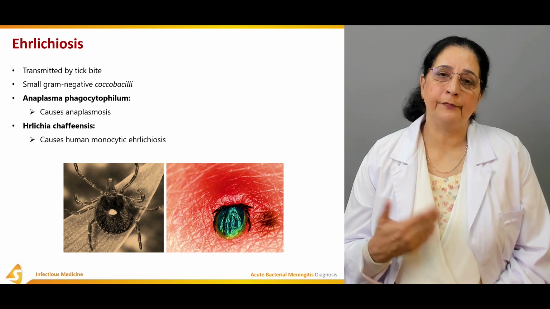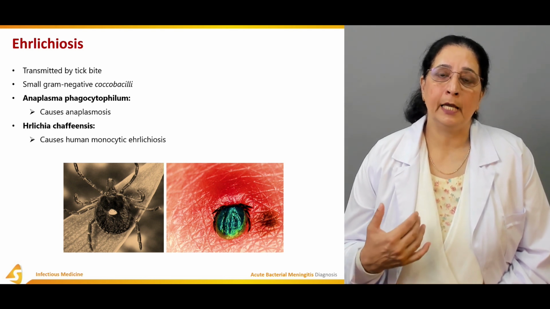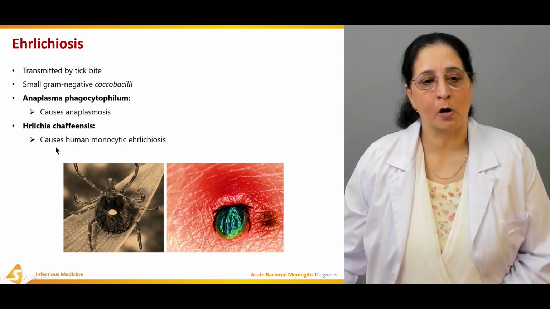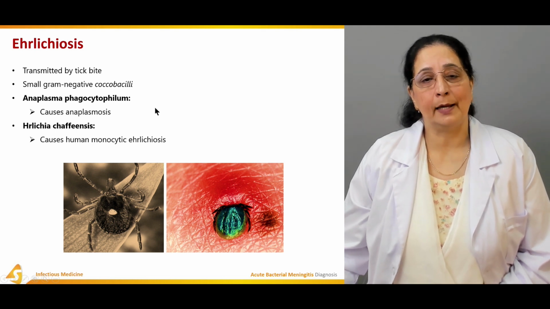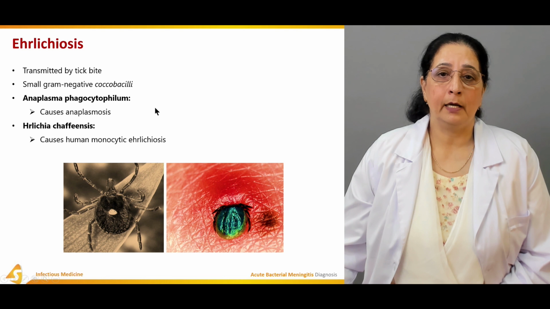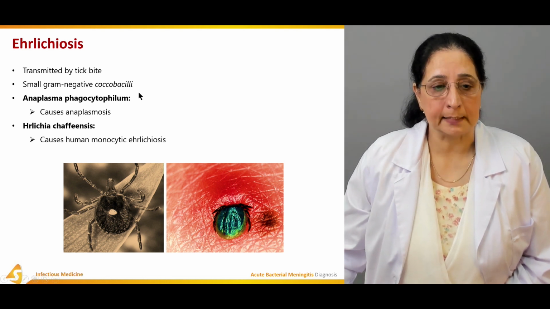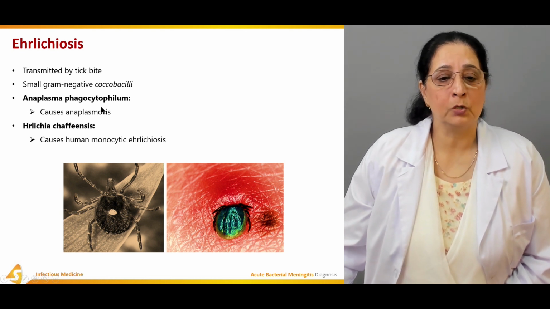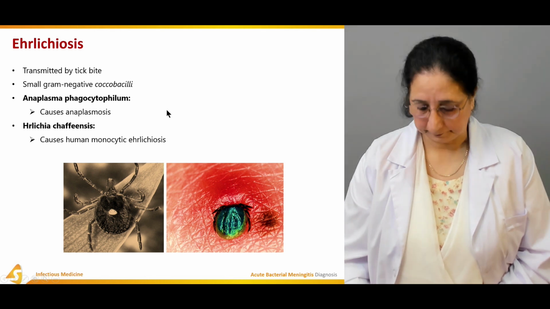So all these are different differential diagnoses we are talking about, which can be differentiated from conditions like meningococcemia. Ehrlichiosis is caused by a tick bite, by small gram-negative coccobacilli, and Anaplasma phagocytophilum causes anaplasmosis.